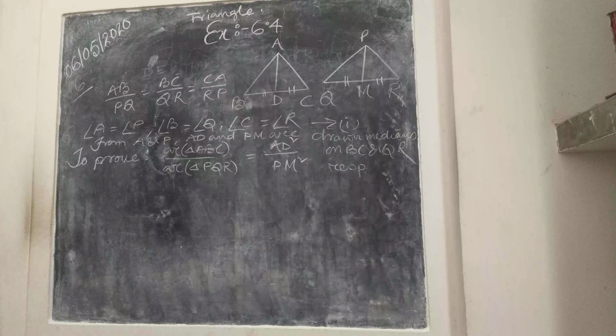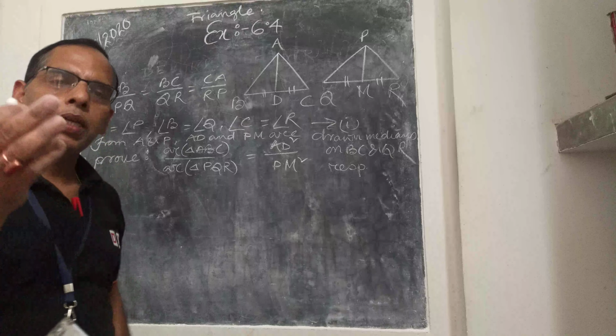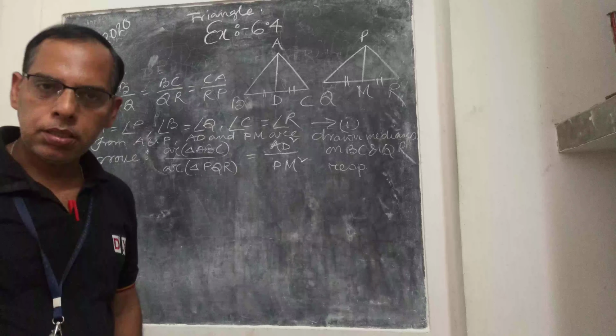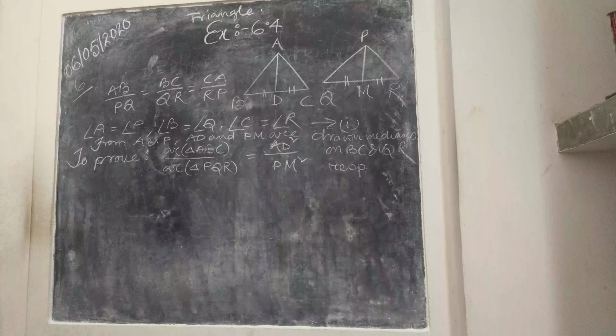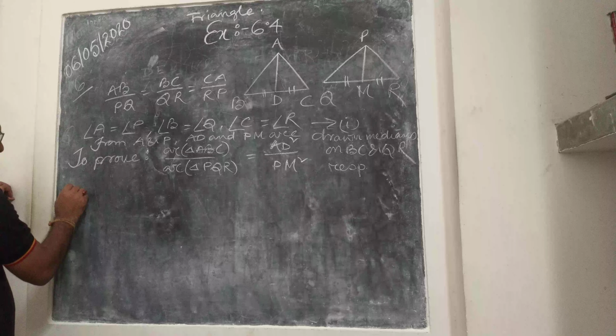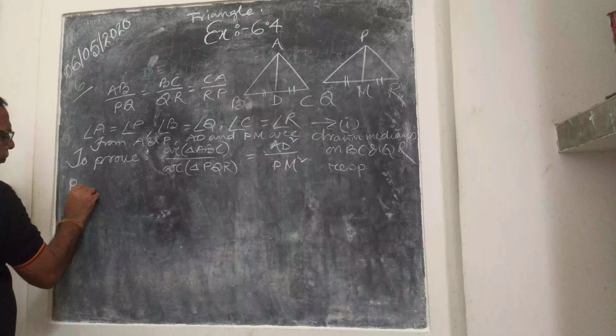Now median means what? The line drawn from the vertex to the base that bisects the base, or the line drawn from the vertex to the midpoint of the base. So now proof. There will be no construction, direct proof.